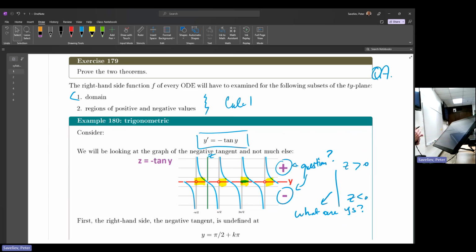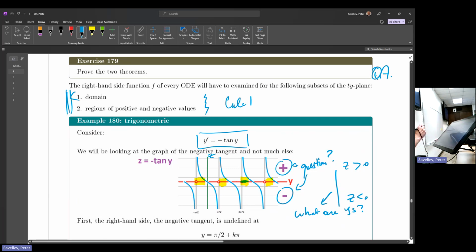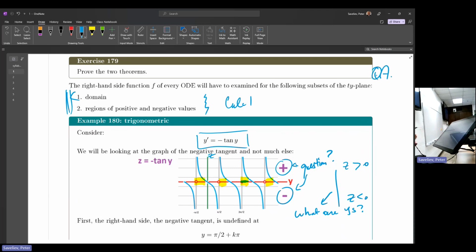So as you can see, right away the analysis with those two things right here starts. It starts with we identify the domain, so it's undefined at pi over 2, 3 pi over 2. The tangent. So knowing functions is very helpful. It gives you a very quick shortcut to where things start. And then my plane is cut into strips, each of width pi.